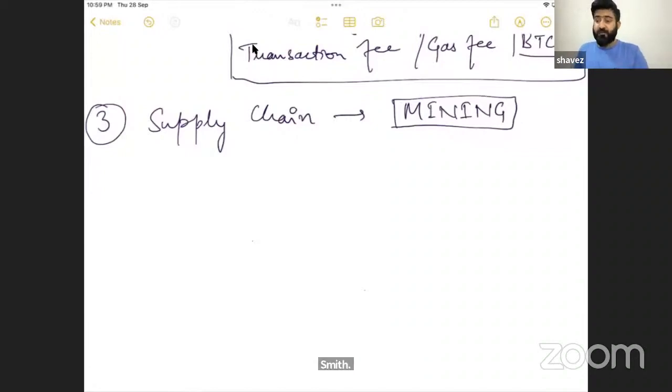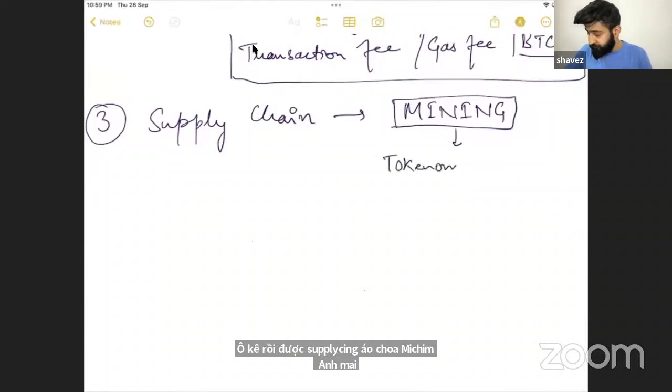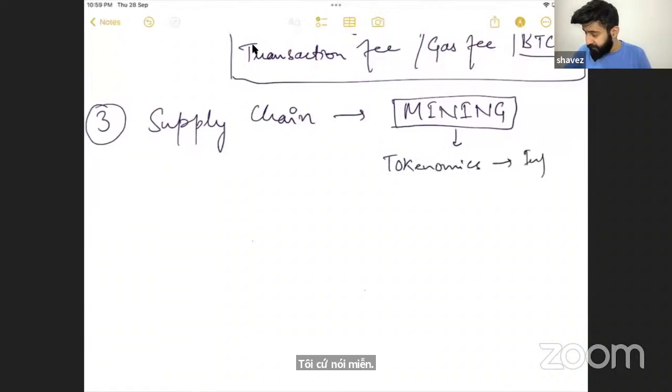Okay, so the supply chain is based out of what? Mining. And mining is based on a tokenomics that is inspired by, or that is same as Bitcoin, right?